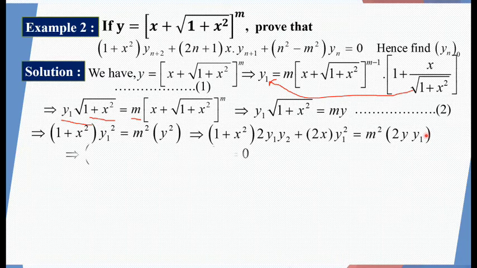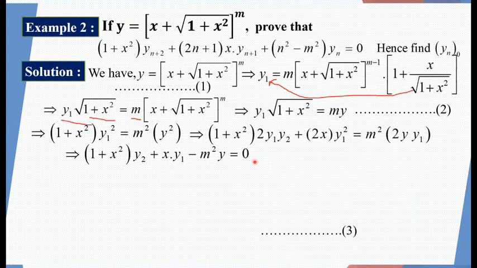So we can eliminate this 2y1, and taking this into the left hand side, we get 1 plus x square y2 plus x y1 minus m square y equals to 0. Now this is in the appropriate form. So let it be equation number 3. Now we can apply Leibniz theorem here.